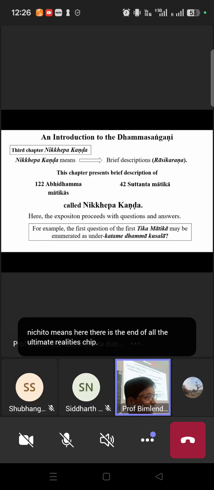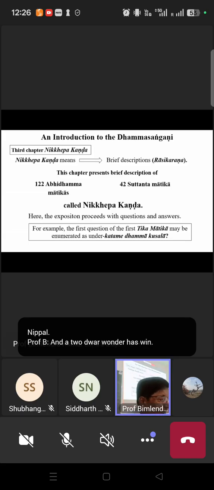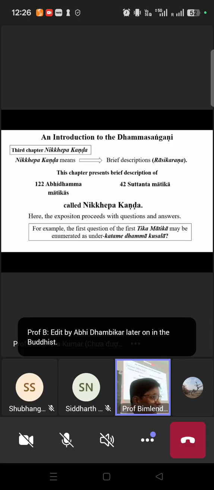And the Atthakatha was added by Abhidhammikas later on in the Buddhist councils or after the Buddhist councils also.